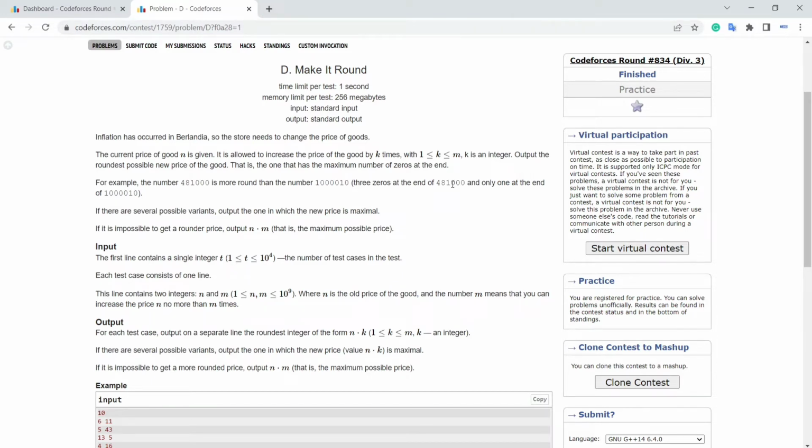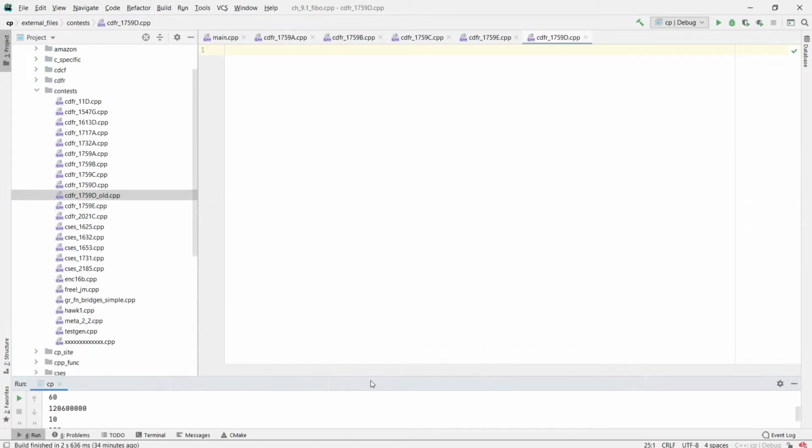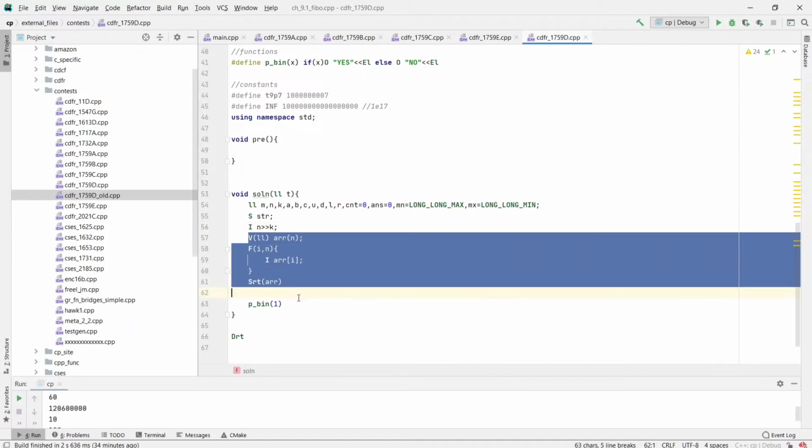Let's implement this approach. Problem D. I have a template. The input numbers are N and K. We do not need all these.